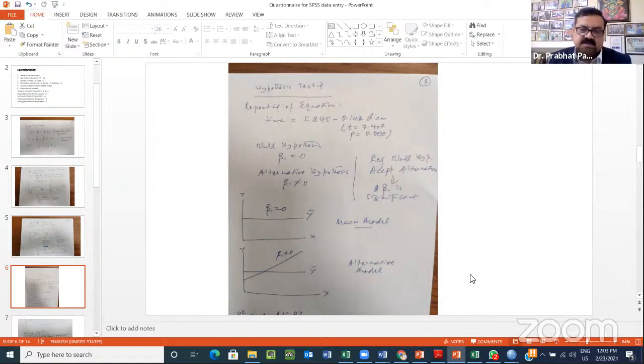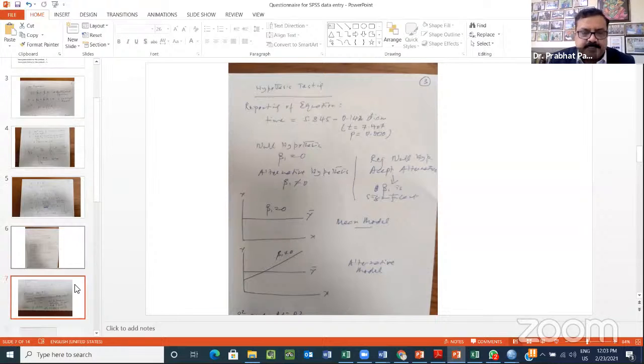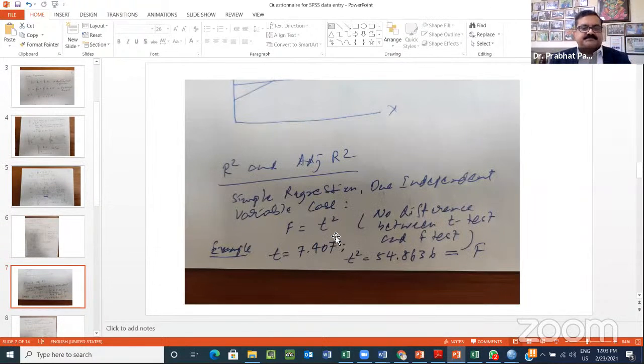They are not different. So in a simple regression model, if you have f significant, this means your beta is also going to come significant. You don't need to run the t-test separately, right? So you can see this to give you the idea. The value of f in a simple regression is going to be equal to t square. So there is no difference between the t-test and the f-test.